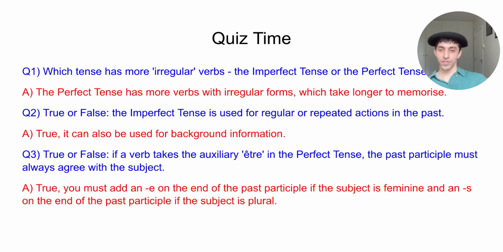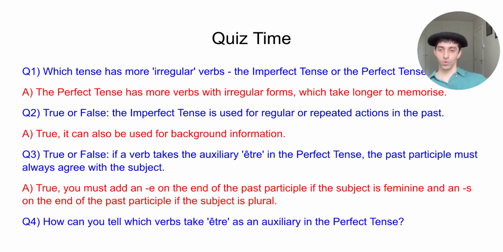You have to add E on the end of the past participle if the subject is feminine, and an S on the end of the past participle if the subject is plural. And if the subject is feminine plural, you add ES on the end of the past participle. So please remember this. Every time you use the auxiliary verb être in the perfect tense, you must check for the agreement between the subject and the past participle, which does take practice.